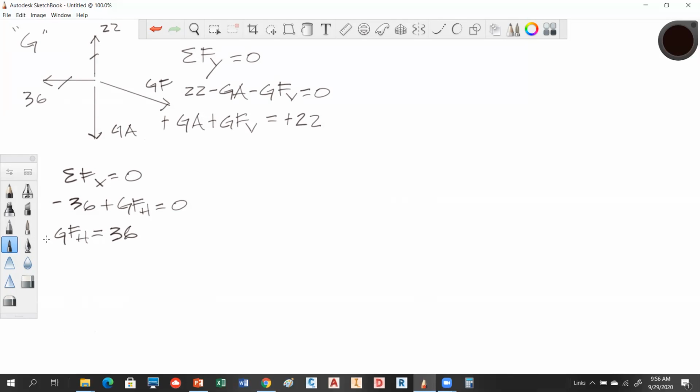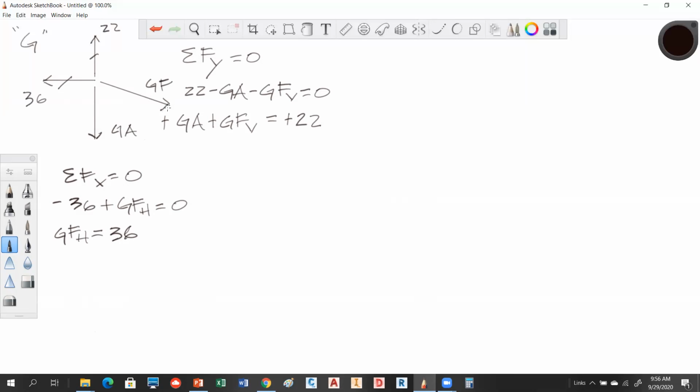So now look, we've got a GFH, so we should be able to get a GFV. And if we get a GFV, then that'll solve here, and that'll give me GA. Now we have to be really careful with this, because we know the distance over which this is acting horizontally is 10. Does everybody agree with that?